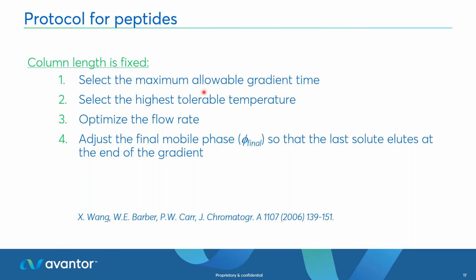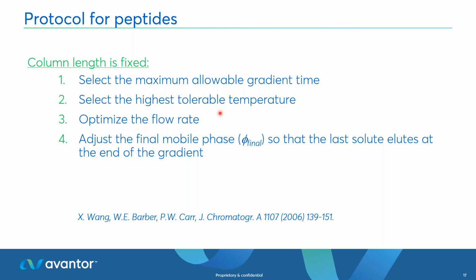So please select the maximum allowable gradient time that you can dedicate to every injection in your sequence. After that, you need to select the highest tolerable temperature, as you saw with those trends. And as you now know, because I keep reiterating this message, select the highest tolerable temperature.